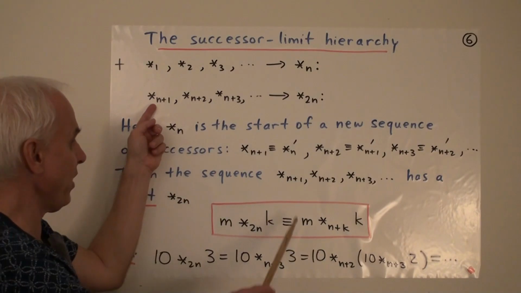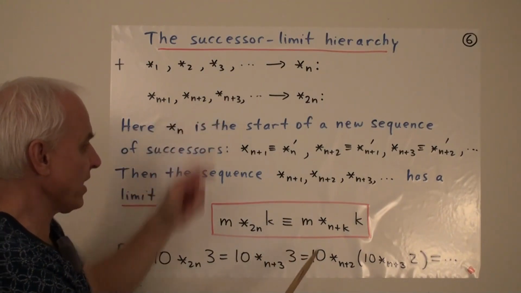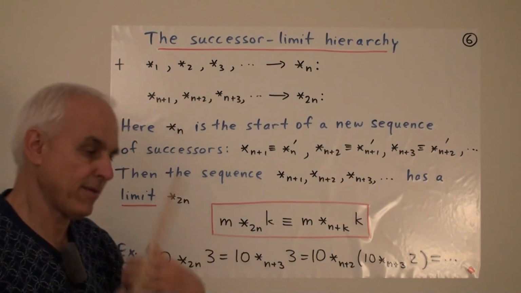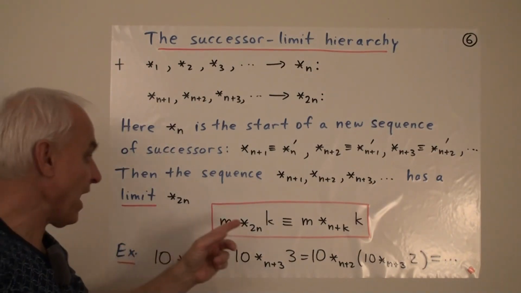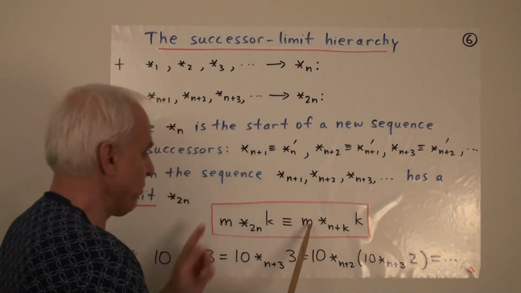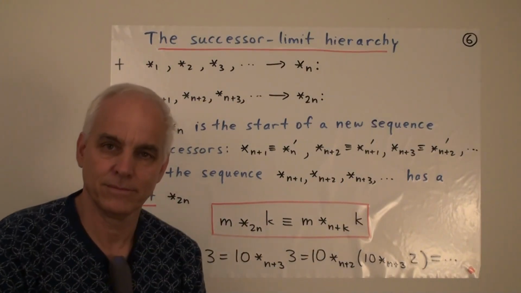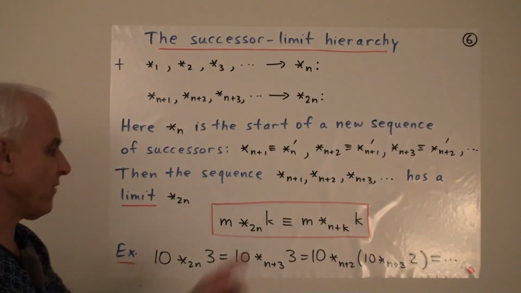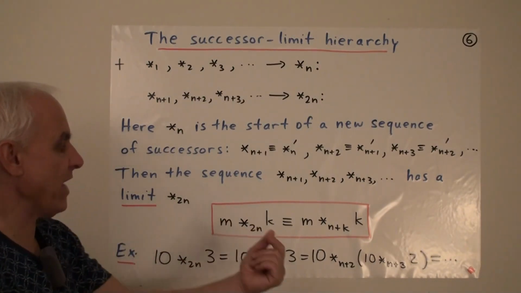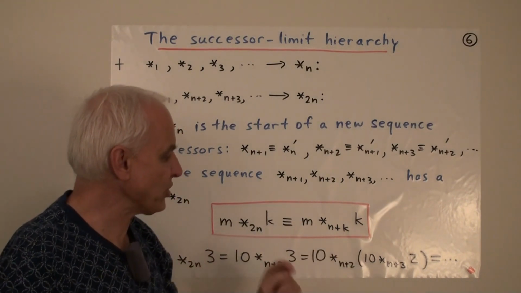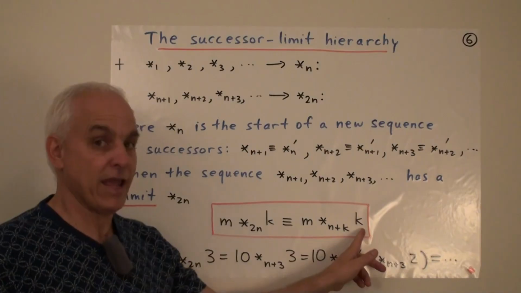So here's the first one, here's the second one, here's the third one. The kth one is star n plus k. So we take that kth operation that defined our limit, and we apply that operation to both m and k. So we've defined star 2n now in terms of a previous operation, but which previous operation it is depends on k.